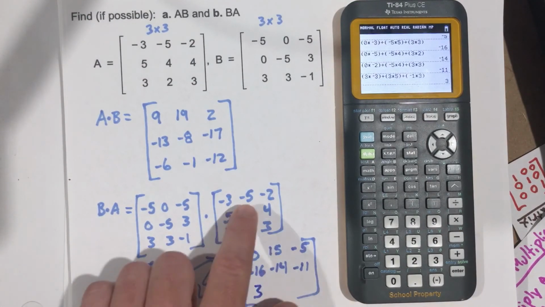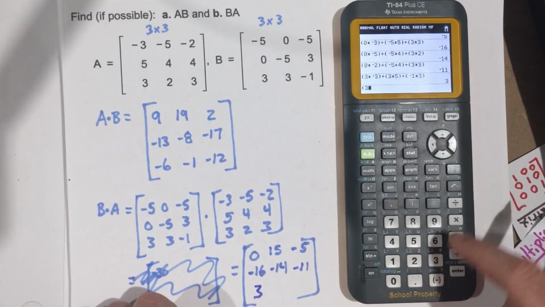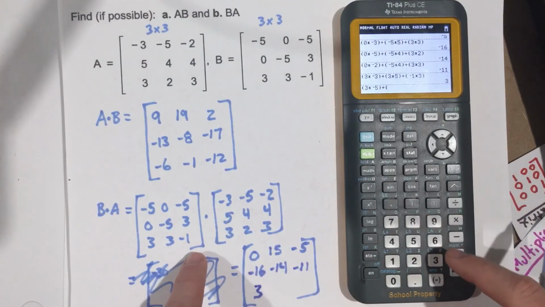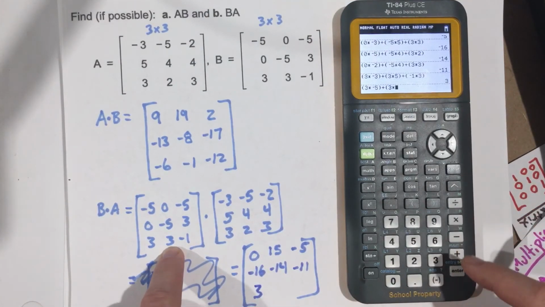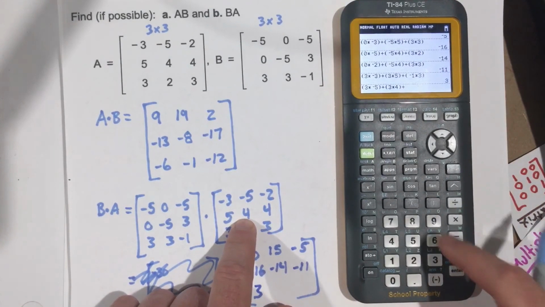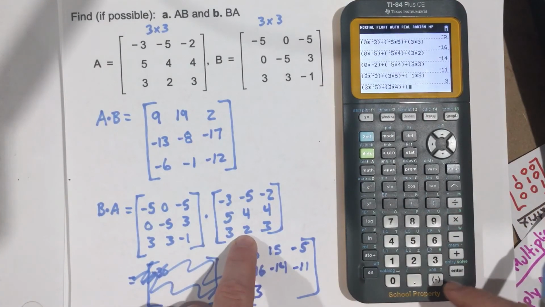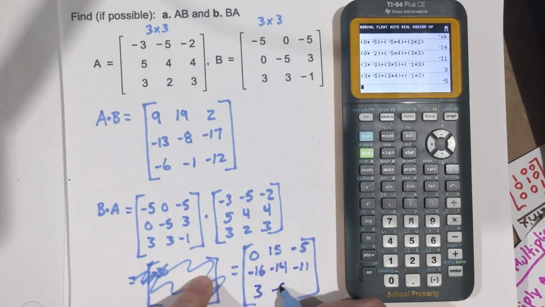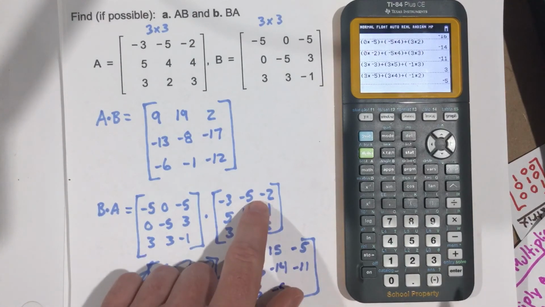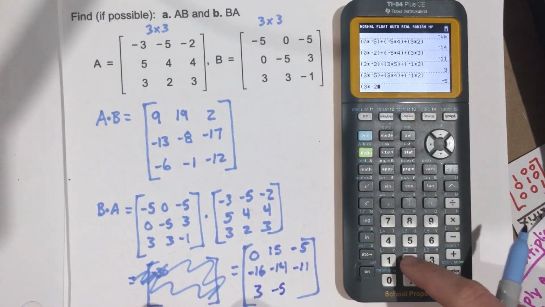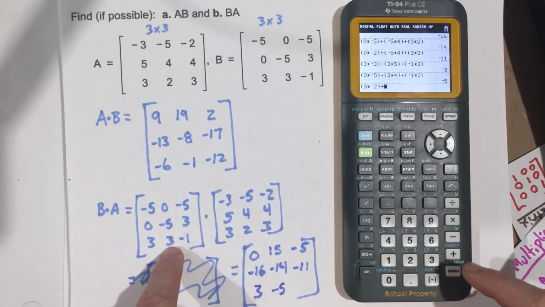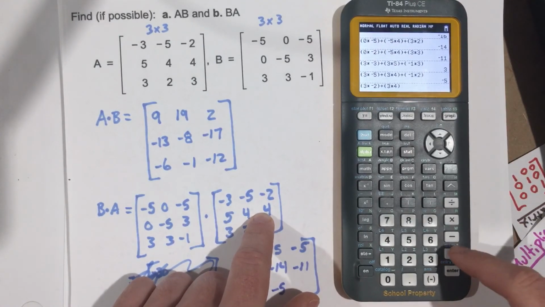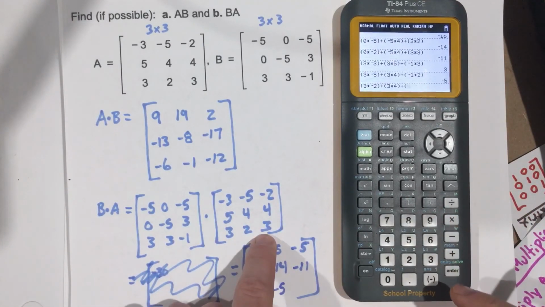Now we're going to do 3 times negative 5 plus 3 times 4 plus negative 1 times 2, negative 5. 3 times negative 2 plus 3 times 4 plus negative 1 times 3.